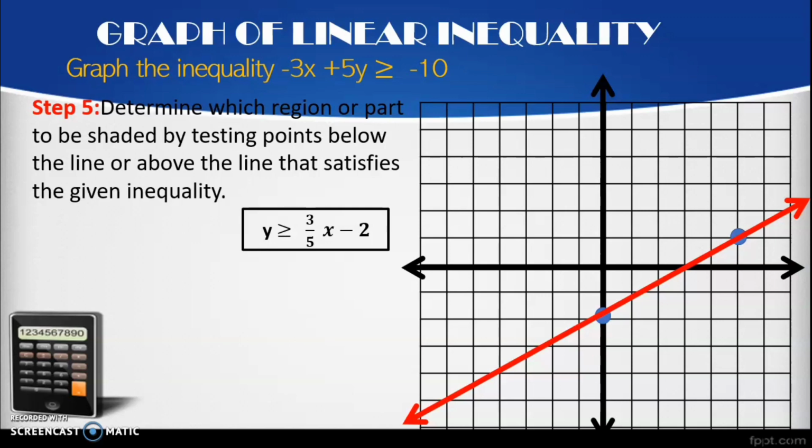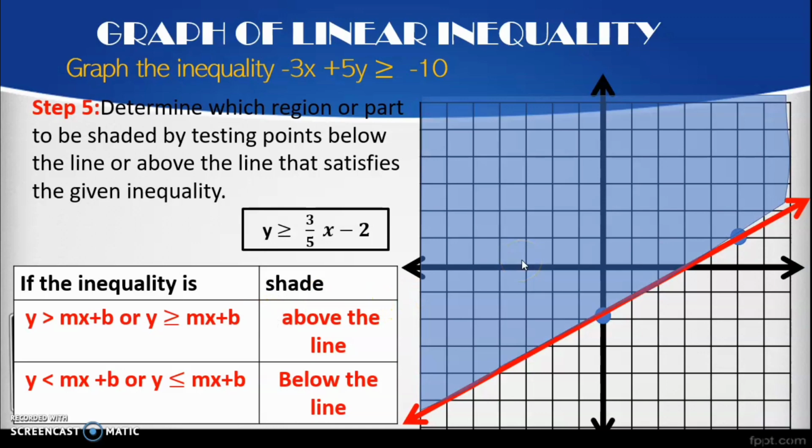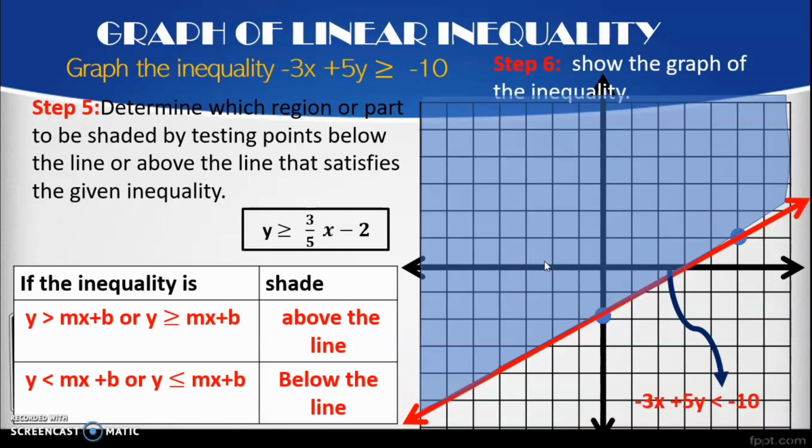Our inequality, y is greater than or equal to 3/5 x minus 2. So, since our inequality symbol is greater than or equal to, so we will shade above the line. So, this is now our graph of our inequality, negative 3x plus 5y greater than or equal to negative 10. Step 6, show the graph of the inequality. Okay.